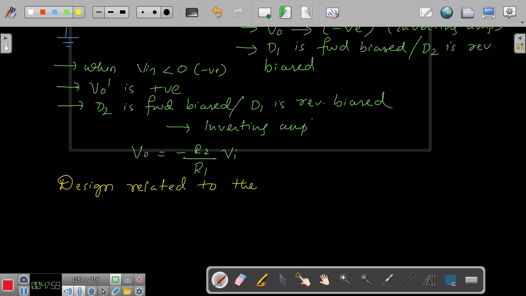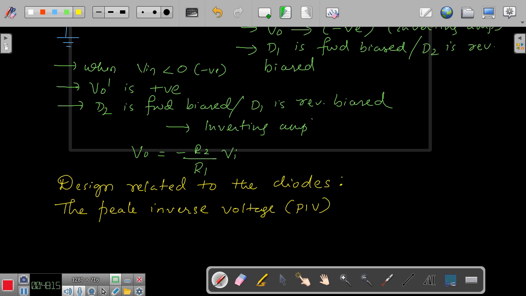The peak inverse voltage. Can you recall something? When I say peak inverse voltage, what is peak inverse voltage? It is the voltage across the diode in the reverse direction when the diode is not conducting, right?